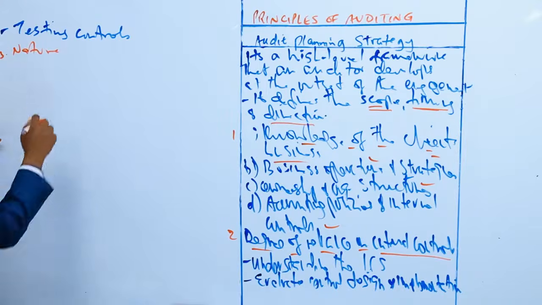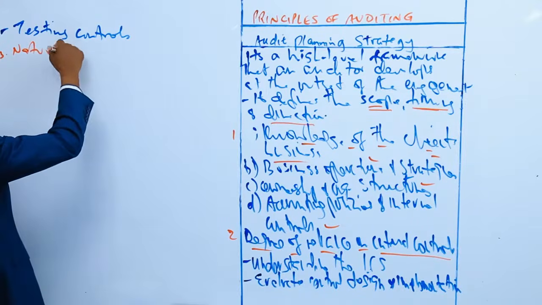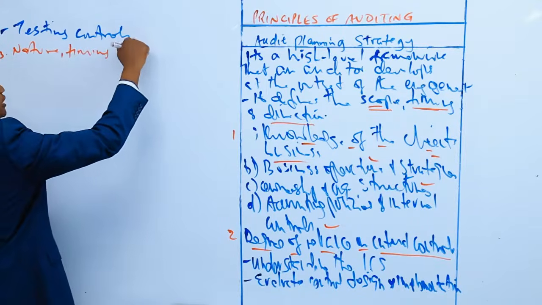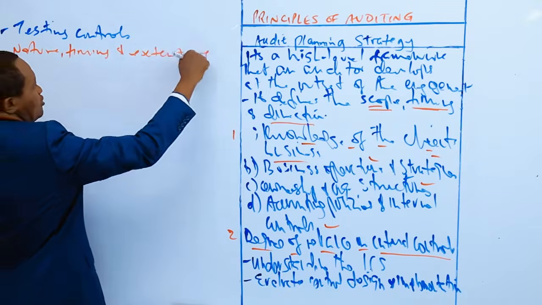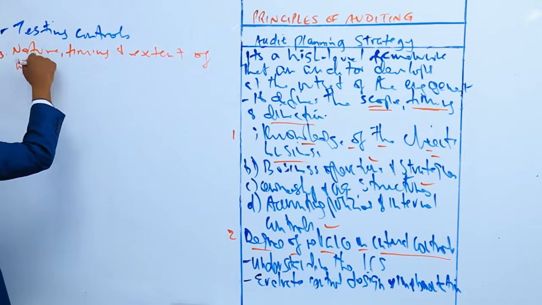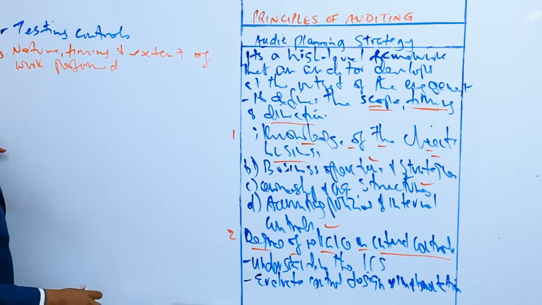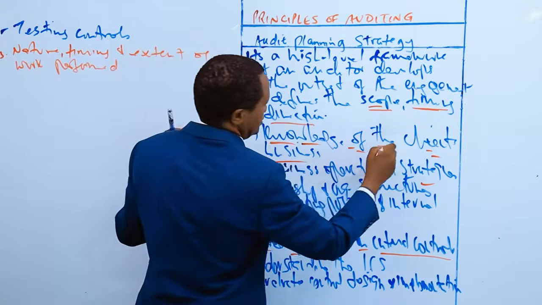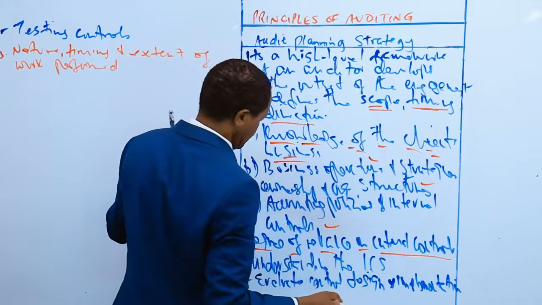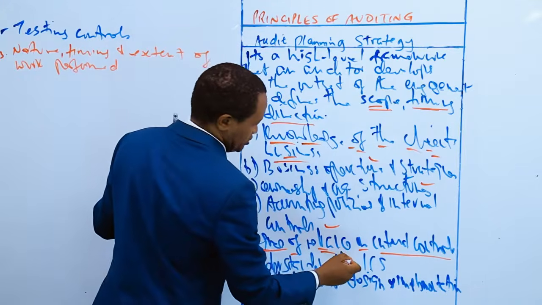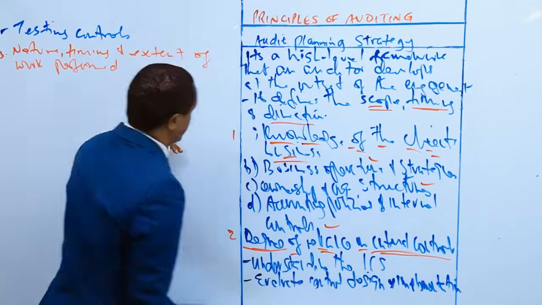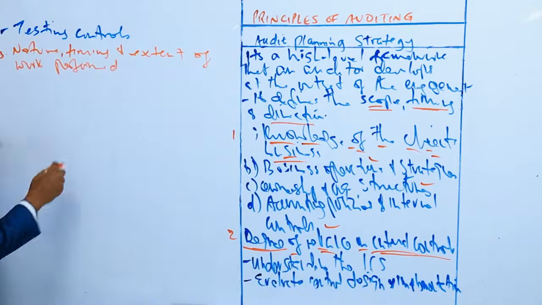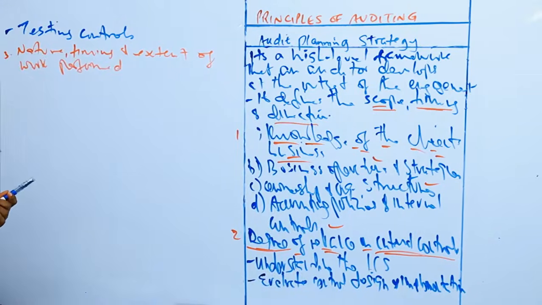That's taken from our syllabus. Initially we had knowledge of the client's business, then the degree of reliance on internal controls, then number 3, nature, timing, and extent of work performed.